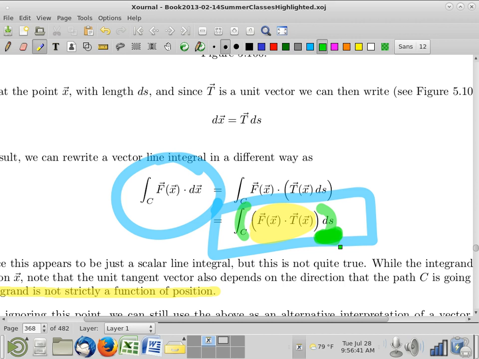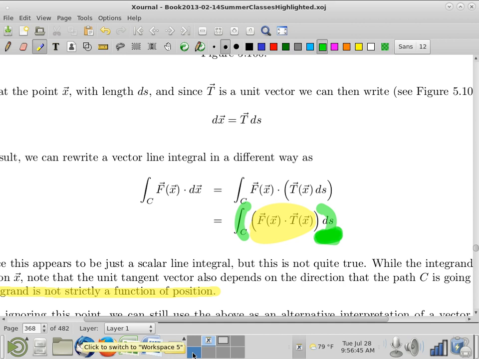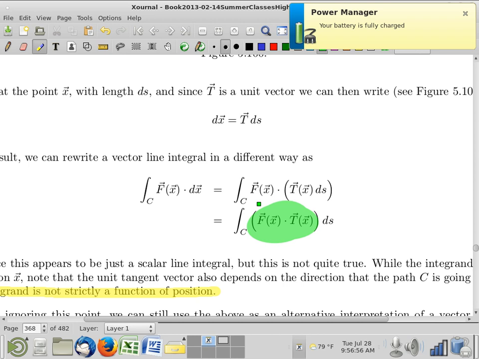The one twist that makes this not quite technically a scalar line integral, it depends on how you want to look at it, but the thing that's definitely different is that this integrand doesn't just depend on x. This is not just a function of x. It looks like it is, but it isn't. There's a hidden dependence on the curve.